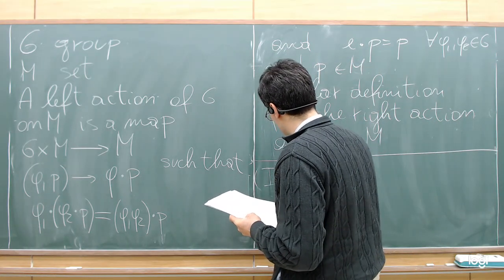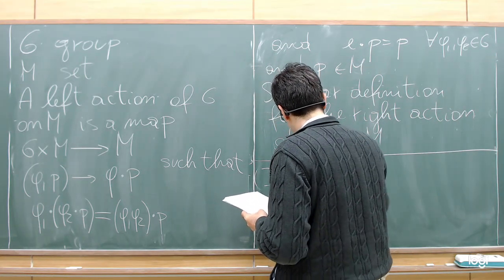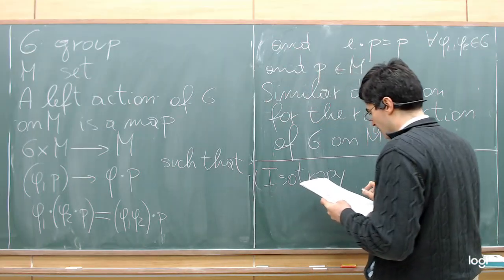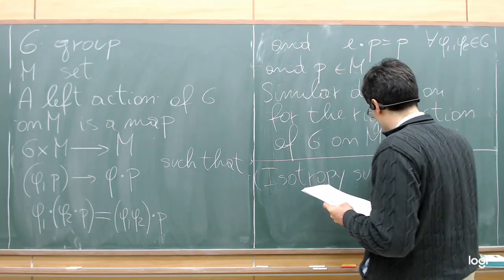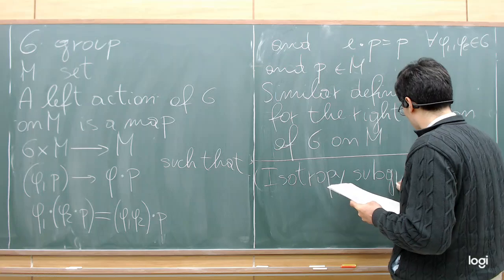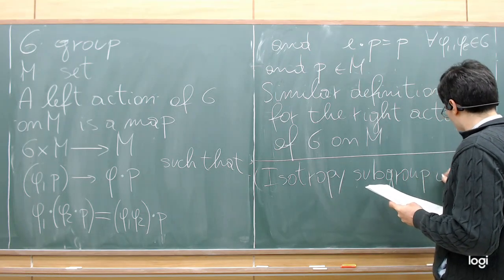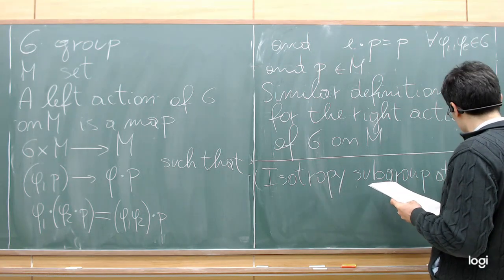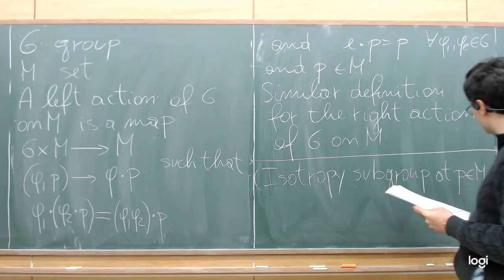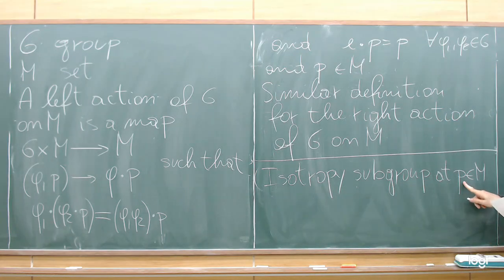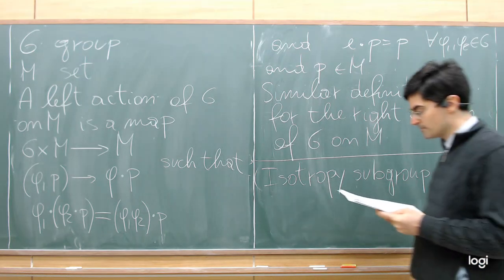What is the isotropy subgroup at p in M? p can be chosen arbitrarily, of course.